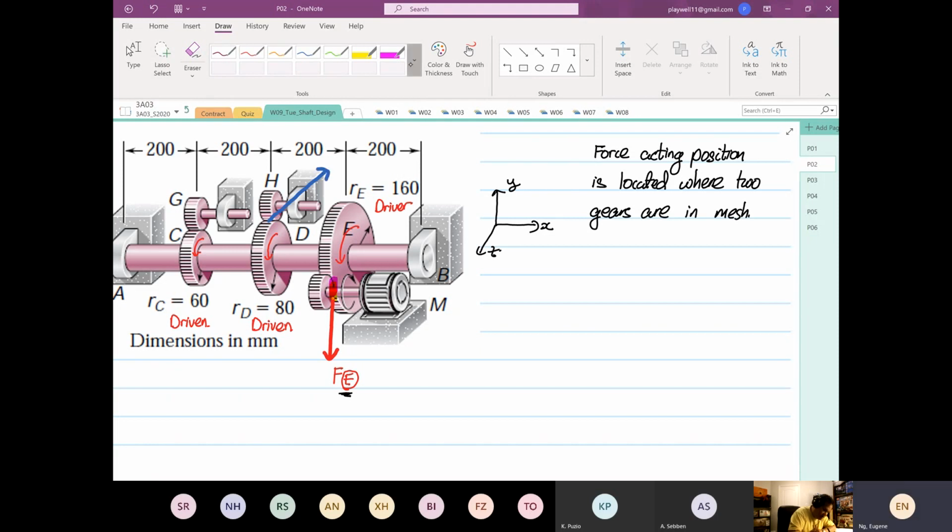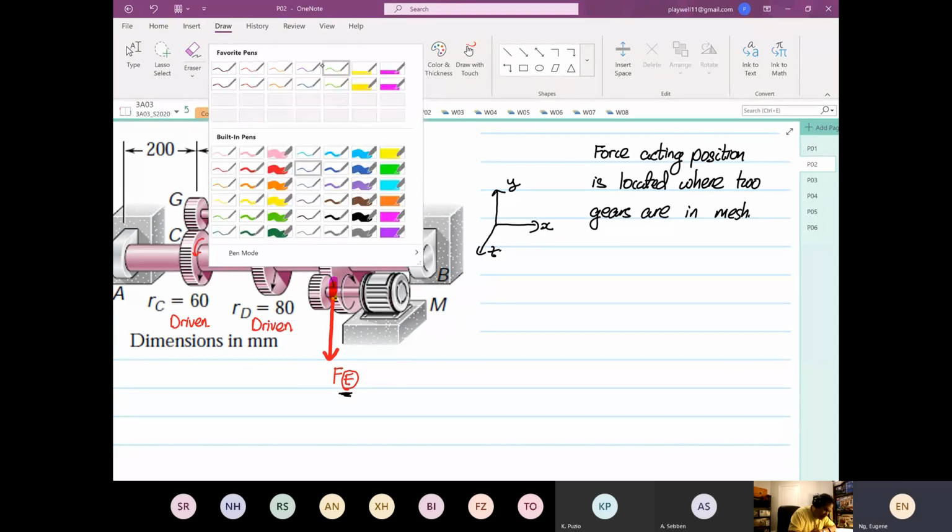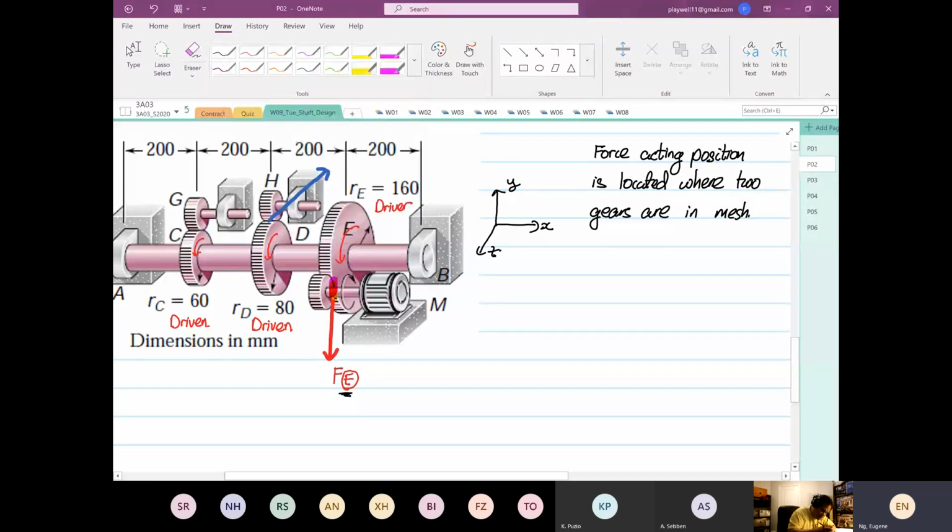Same thing. I think I'm colorblind. I thought I selected pink. Anyway, this is your force of D.